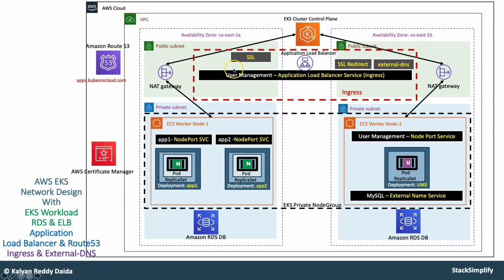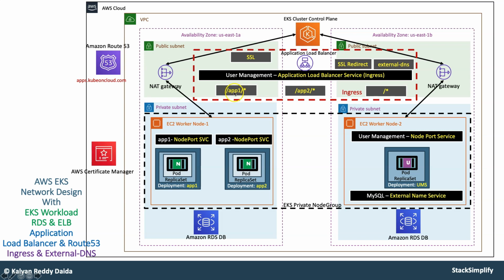Whenever I provision the ingress manifest, it creates an application load balancer and also registers that DNS name in Route 53 automatically, using the external DNS pod running on our worker nodes. External DNS is like the ingress controller pod; we are also going to have an external DNS pod.